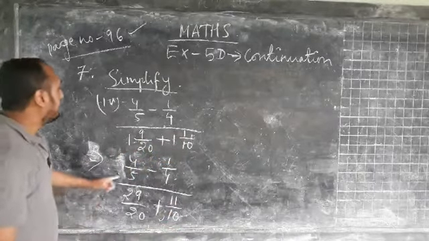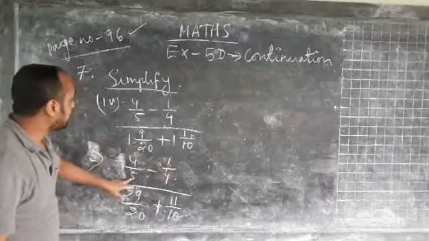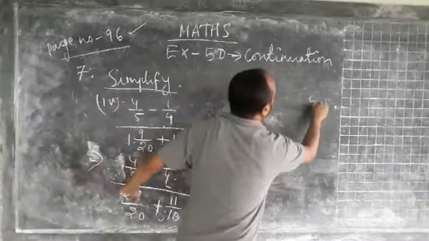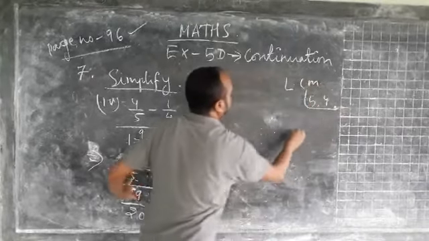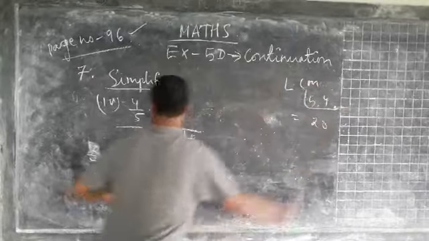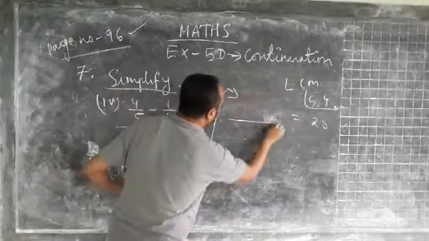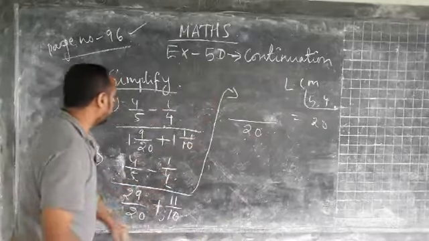Okay. Now next step, for the upper part we have to take the LCM of this 5 and 4. If you take the LCM of 5 and 4 we will get 20. So here we have 20 as your LCM.